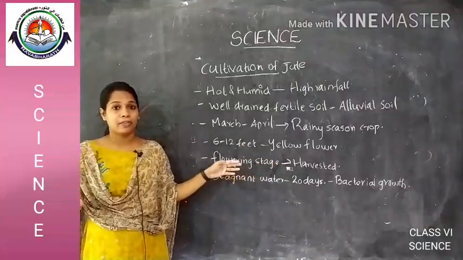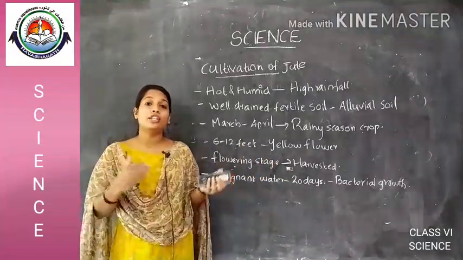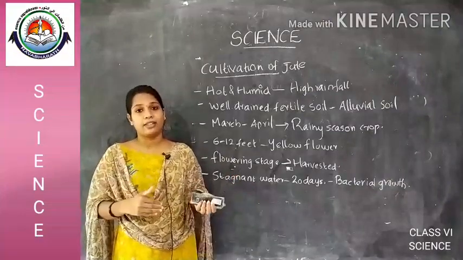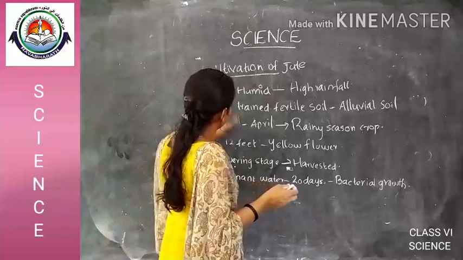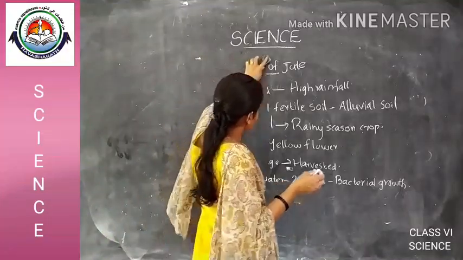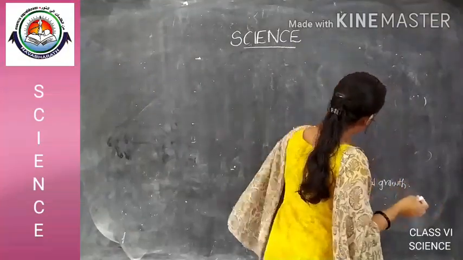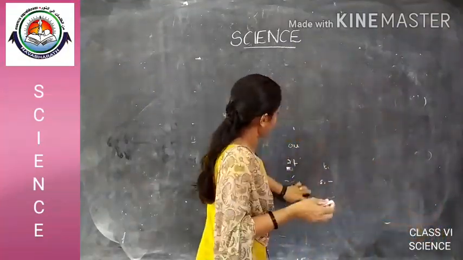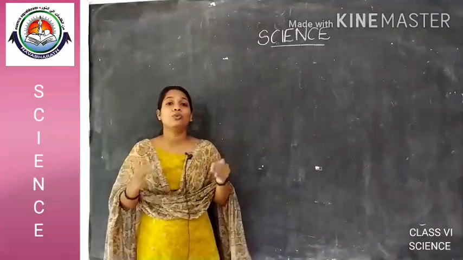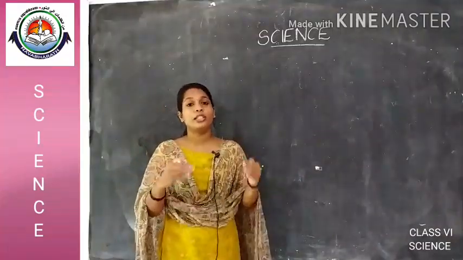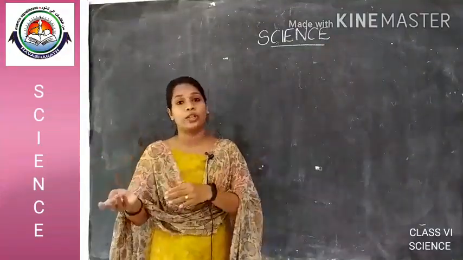Is that clear? Okay. Then we move on to the uses of the jute plant. So what are the uses of jute? Jute is one of the most important fibers after cotton.